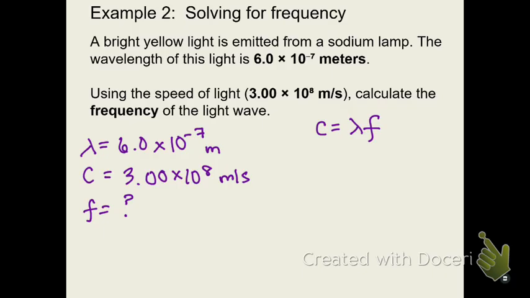This time, we are trying to solve for frequency. So how am I going to get frequency by itself? I'm going to divide by, good, lambda. And whatever I do to one side, you got to do to the other. Very good. So my frequency is going to be C over wavelength.